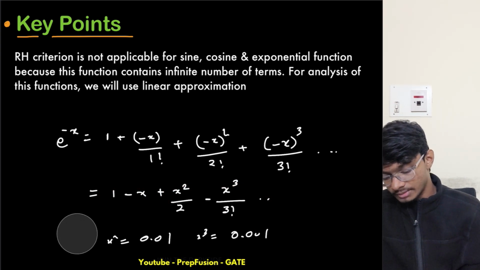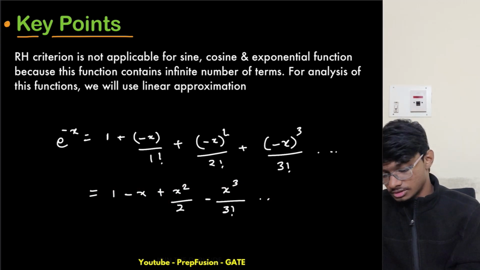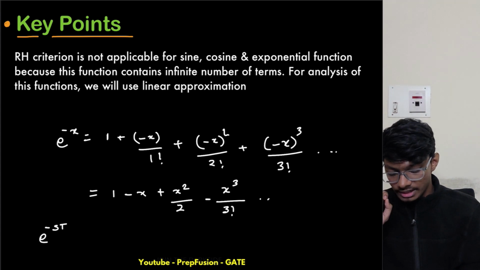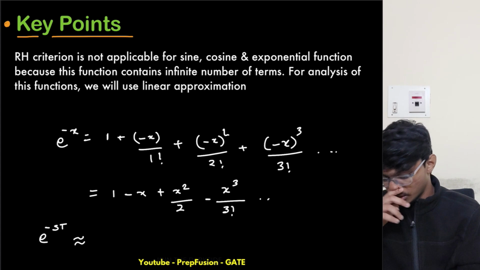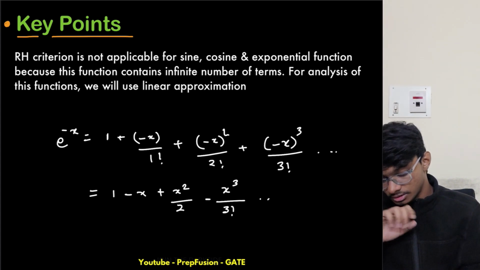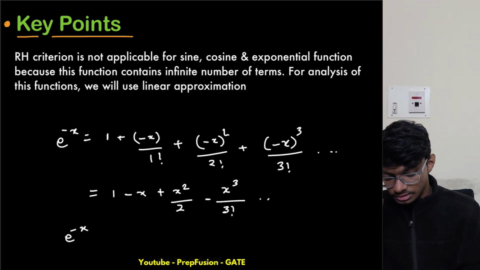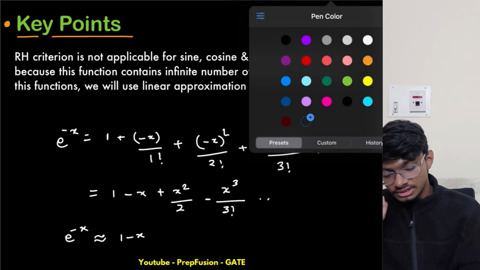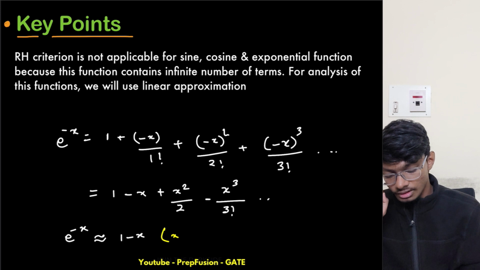So I can apply linear approximation. My e raised to power minus x will be approximated as 1 minus x. The condition is that x is small.